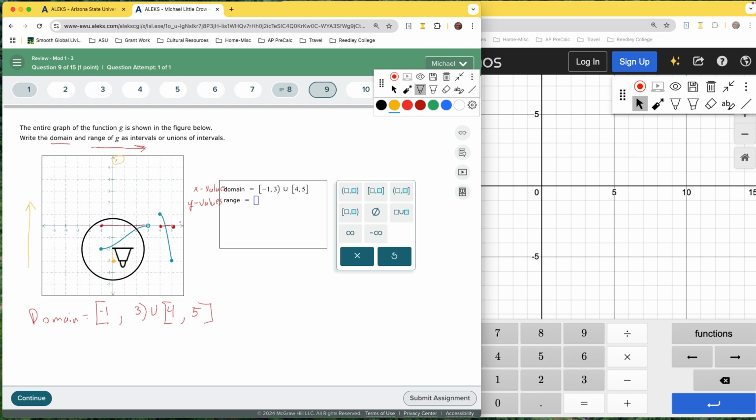We keep going up, so all of these y values are included. Now this y value of 0 is not included here, but it's included there. So actually, we just keep going, right? We keep seeing y values until we get to this one here, which is +1, and that is an included y value. So the graph in the y direction goes from y equals -3 to y equals +1, and everything in between is included in that.